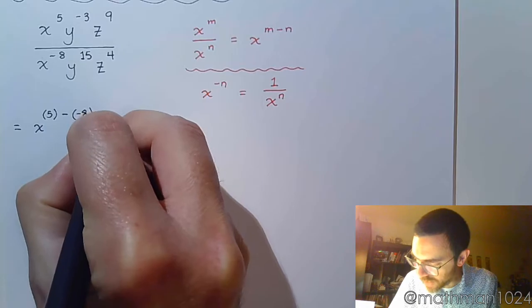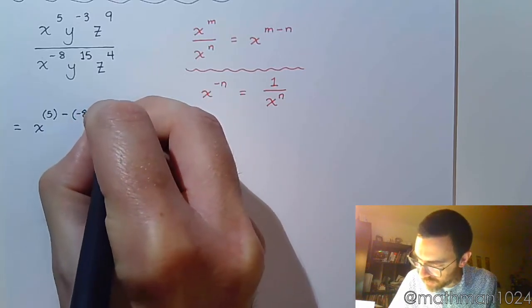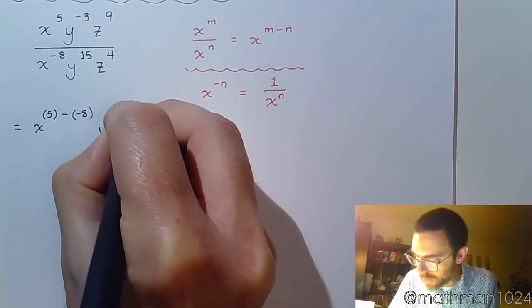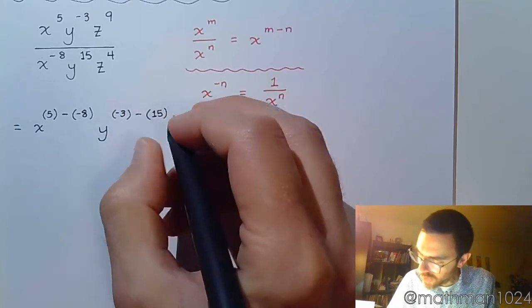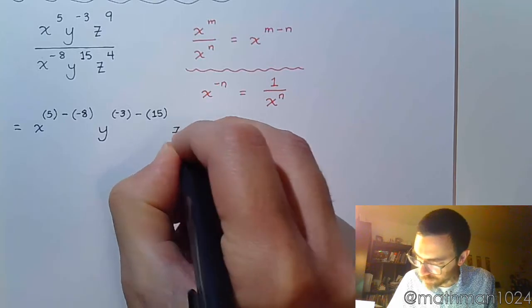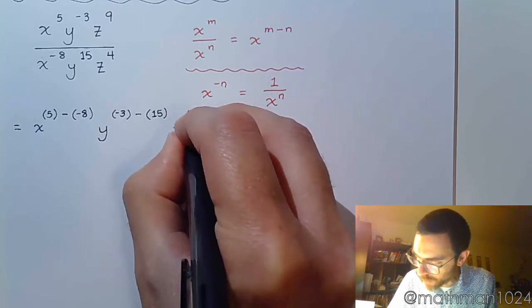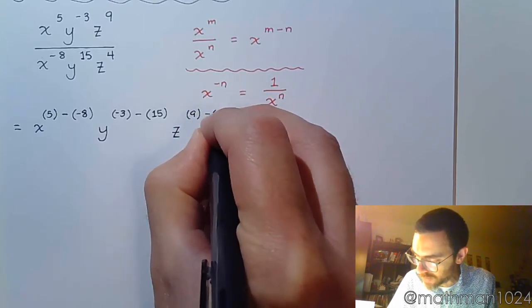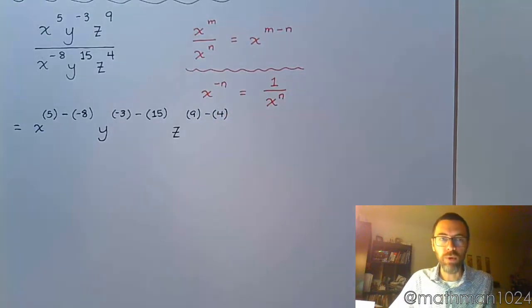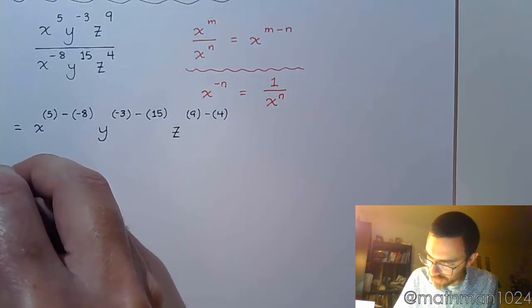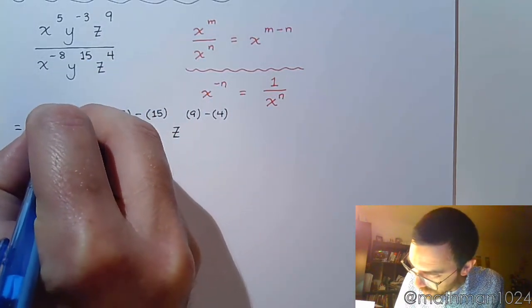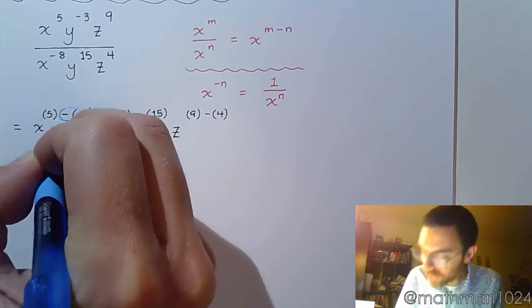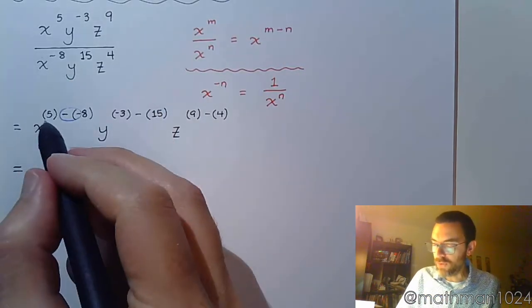Right next to this, you're going to have y, so you have negative 3, the top power, minus the power in the denominator, which is 15. And then finally we have z, the top power 9 minus the bottom power 4. Now we're just going to clean this up. Make sure that you pay attention to your signs. You have minus minus 8, so this really becomes a plus.